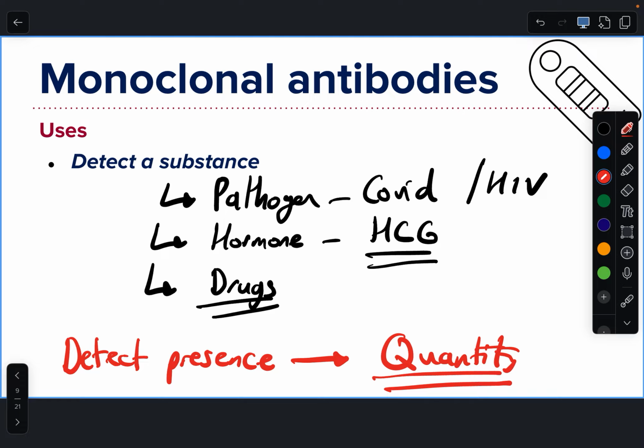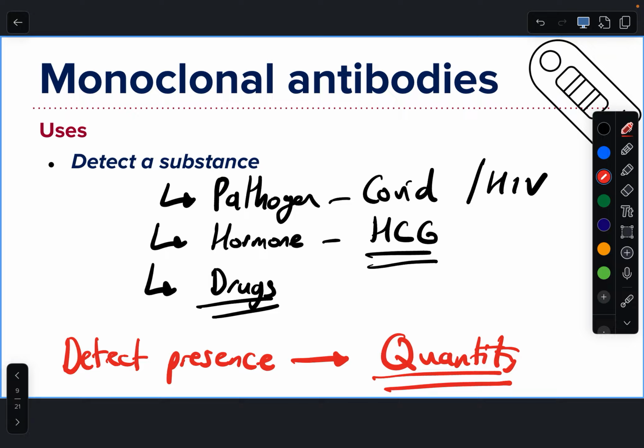So we wouldn't just want to test whether it's there or not, because it should be there. But if you're a drug test in the Olympics or something, you want to see, is the amount of testosterone in the body a fair limit? So now we can use monoclonal antibodies to test the quantity that is there, as well as just the presence of it. Okay? So that's the main use of it.